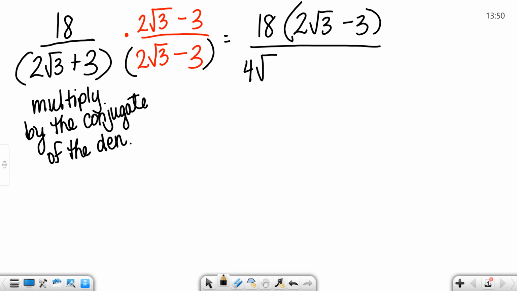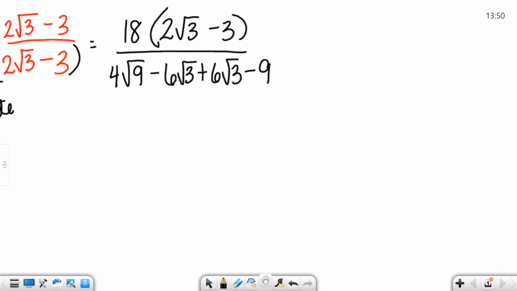I get 4 on the square root of 9 minus 6 on the square root of 3 plus 6 on the square root of 3 minus 9. Okay, I did my FOIL. Right, in my numerator, I'm going to distribute that 18. I get 36 on the square root of 3 minus 54.